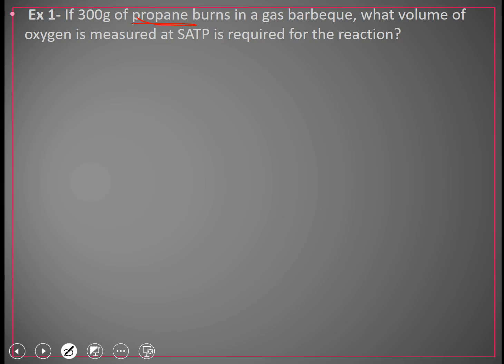How many carbons? C3H8, right? This alkane is going to react with oxygen, which is diatomic when it's by itself, so it's a gas.